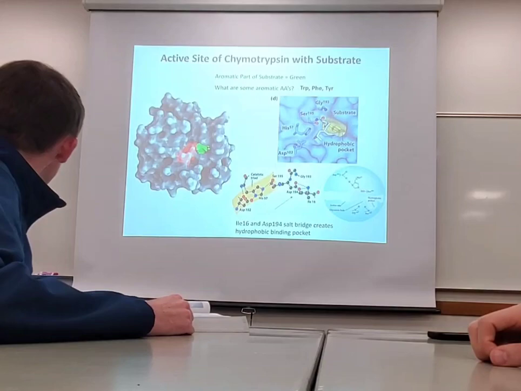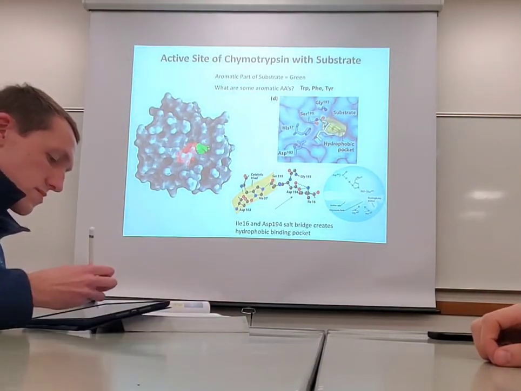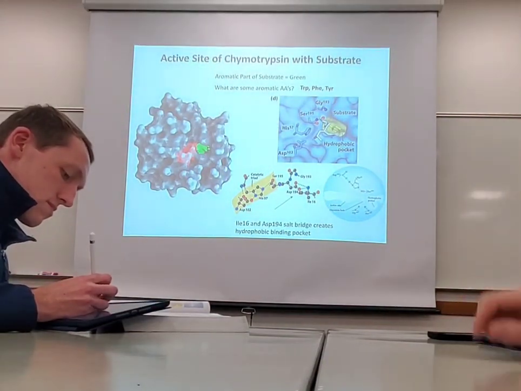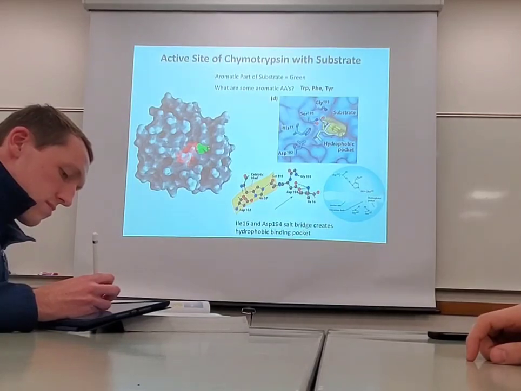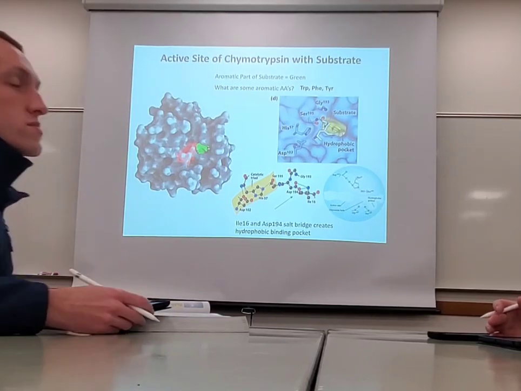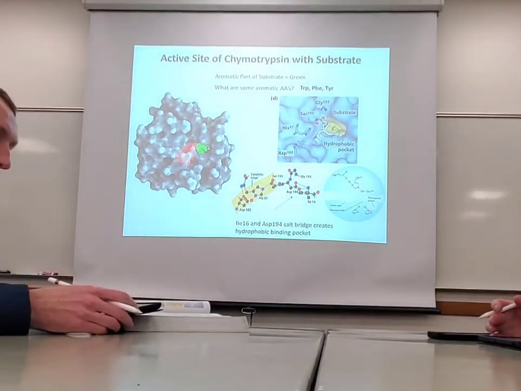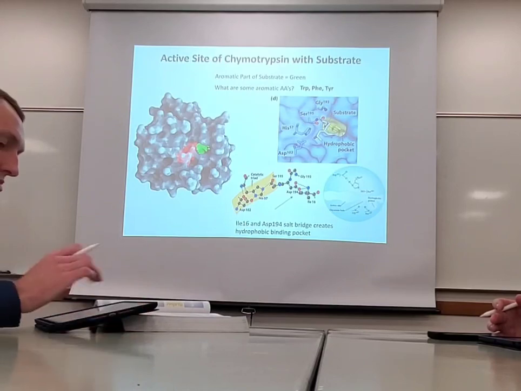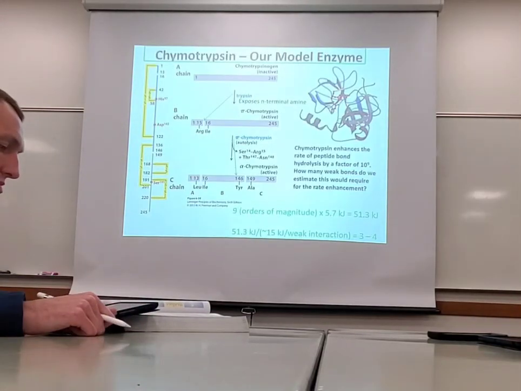Which is why we don't want to use this portion. So this is the right one. So, my question is, how does this create hydrophobic? I think it's both. Because you have to get through the salt bridge.